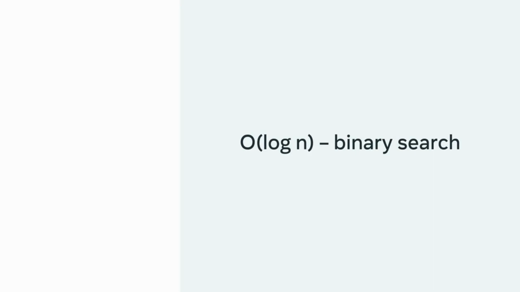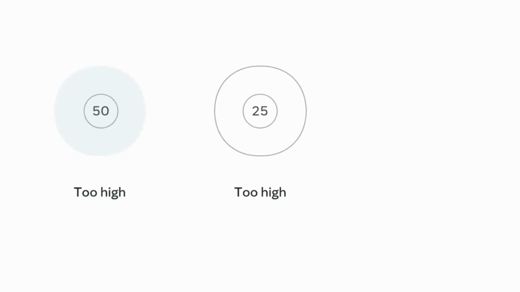Imagine you are playing a guessing game with the following prompts: too high, too low, correct, given a range of 100 to 1. You may decide to approach the problem systematically. First you guess 50 and it is too high. Then you guess 25 and it is still too high. You then decide to go 12 or 13. It is still too high.